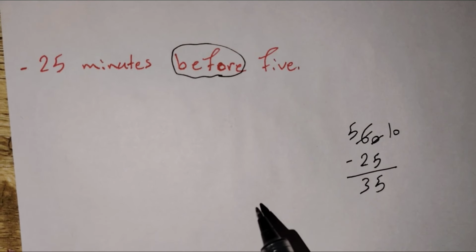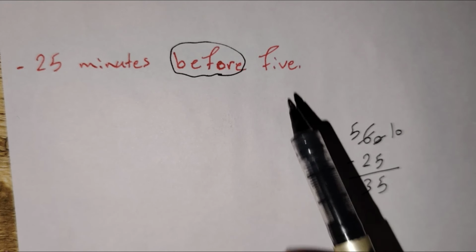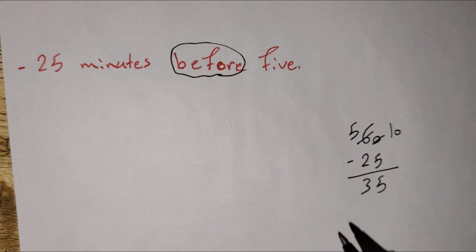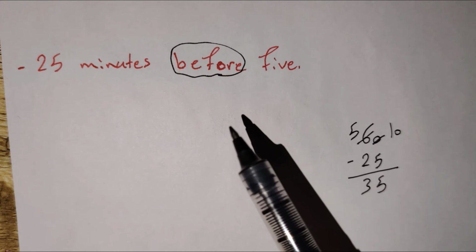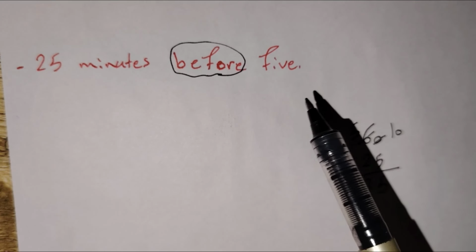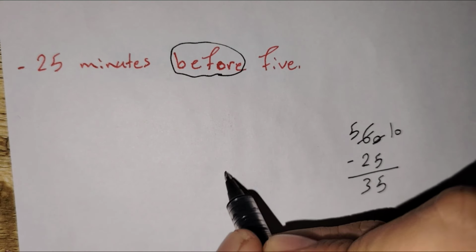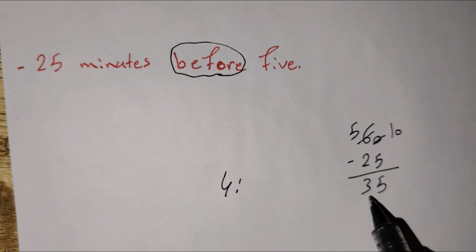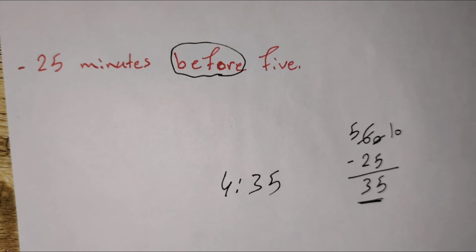And the hour, we don't use the hour itself, the 5. Remember, we said when we use before, we say the next hour. Now, that one is the inverse of it. So the hour will be 4. And the minute will be the one that we found, 35.